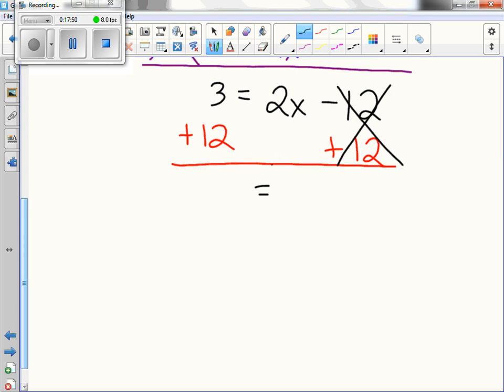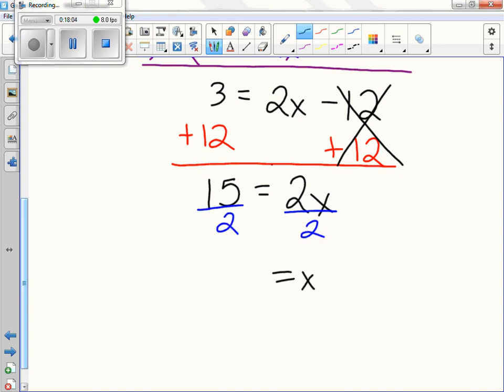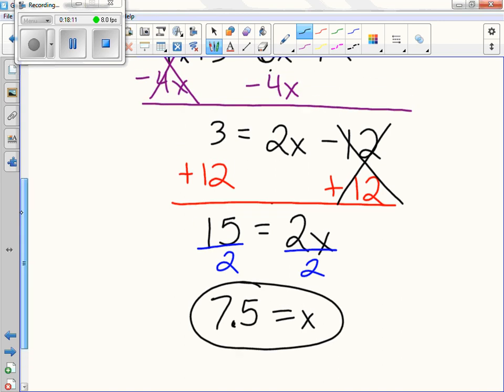Because negative 12 plus 12 cancels out, leaving me with 2x on the right. 3 plus 12 is 15. And last but not least, to find out the value of x, we're going to divide both sides by 2. And when I divide both sides by 2, I get x is equal to 7.5. 15 divided by 2 is 7.5.